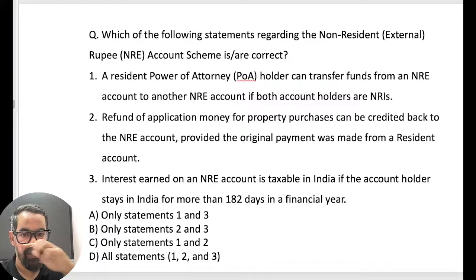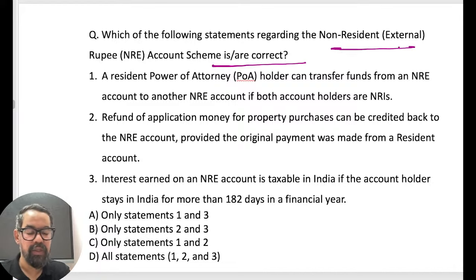Alright, so next one. Which of the following statements regarding NRE accounts are correct?